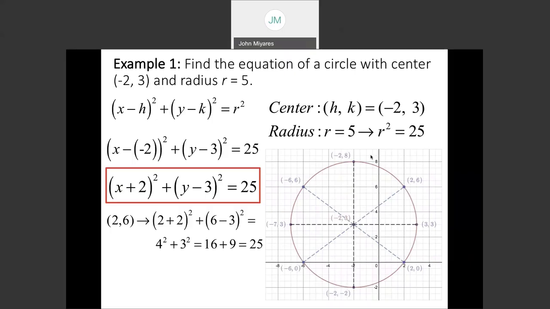As you can see here, when we do this, you get 2 plus 2 equals 4, squared is 16, and 6 minus 3 equals 3, squared is 9. That adds up to 25.